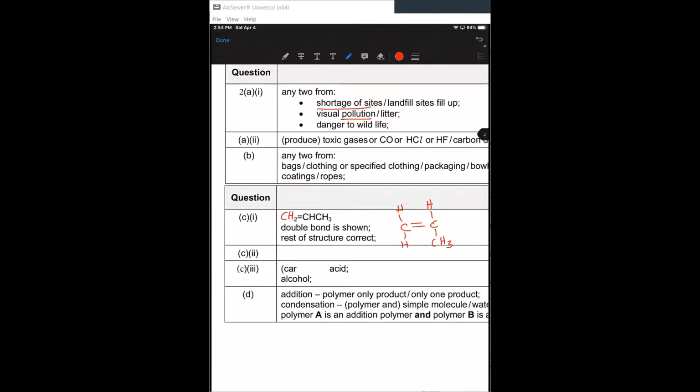Identify the functional group circled in polymer B: ester. Describe the two types of organic compounds which have reacted to form polymer B. So it is a carboxylic acid and an alcohol.